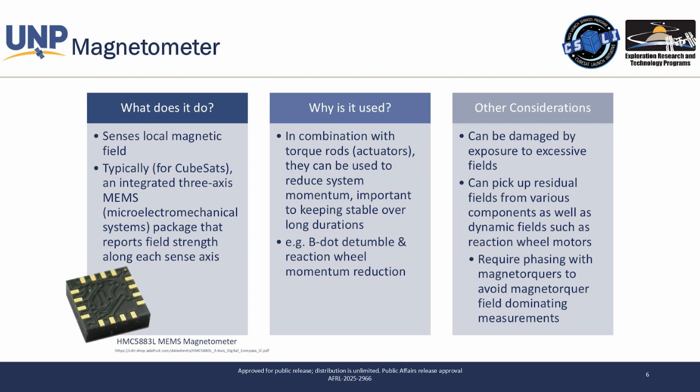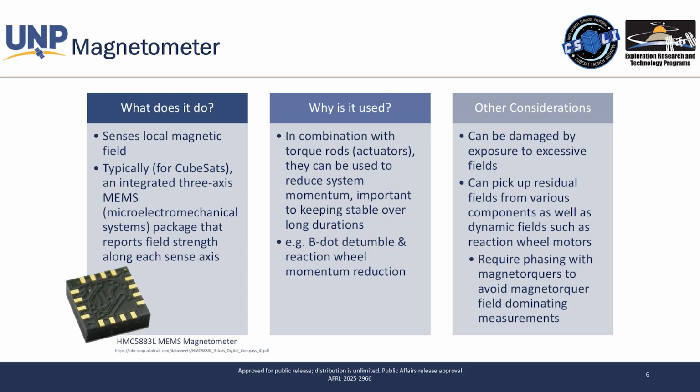So a magnetometer measures Earth's magnetic field, or any magnetic field. So if you have magnets on board, or you have a magnetically noisy environment, potentially due to power switching and up conversion and down conversion, things like that, magnetometers will measure all that for you.